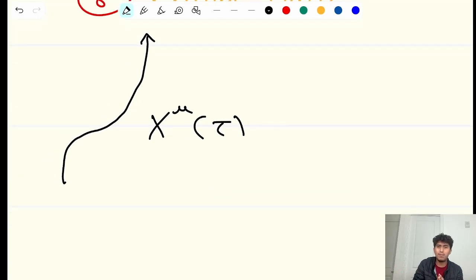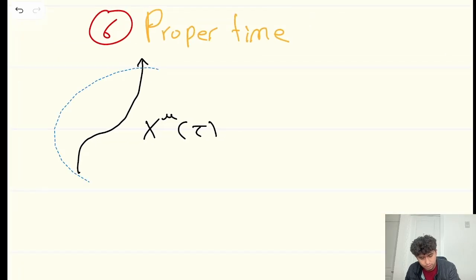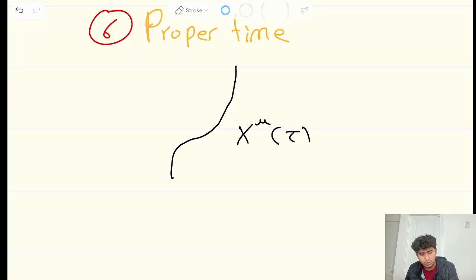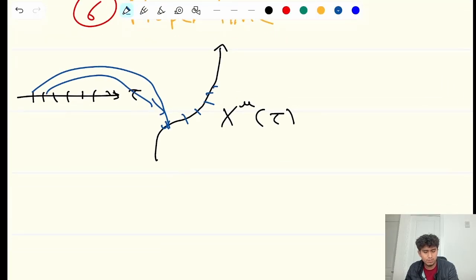This parameter, I think I told you last lecture, allows you to map from here. Let's say we have our path, and then we have a straight line that is just the real numbers, and each proper time stamp allows you to parameterize this curve. So this one goes to the next one, and so on.